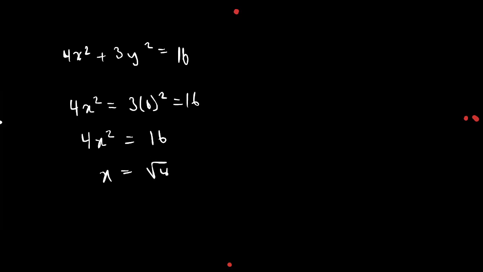The square root of 4 is plus or minus 2. So our answer here is x equals plus or minus 2. This is the equation for our vertical tangent line.